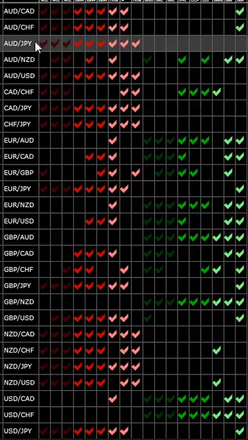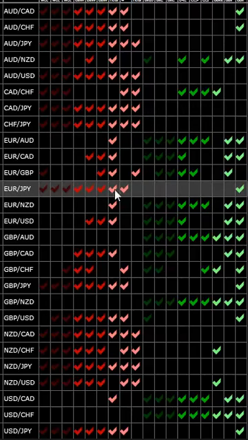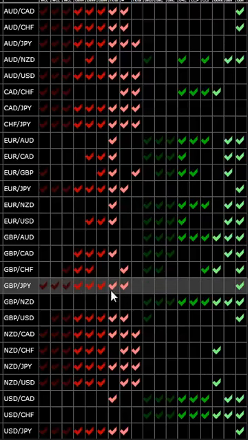So for example, Aussie Japanese yen has all bearish check marks in place. So does the CAD versus the yen. Euro is not quite as bearish against the yen. British pound not quite as bearish against the yen, but still bearish, but we're missing just a few of the check marks, as you can see here, to make that a consistent trend.